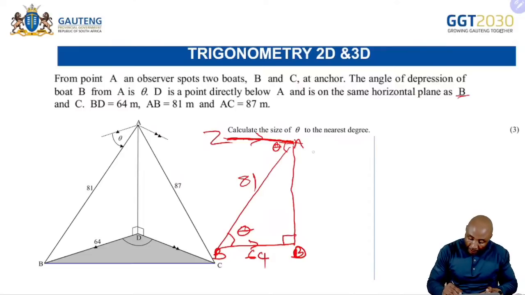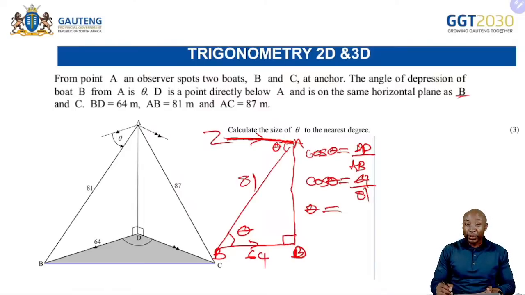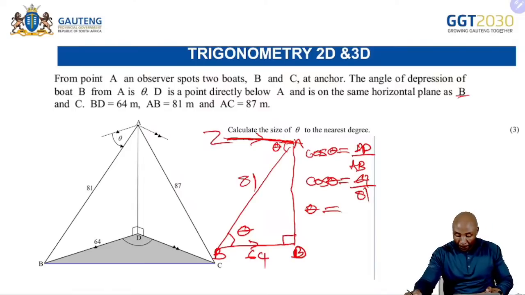So cos theta, because this angle is equal to that, is equal to my adjacent, which is BD, over the hypotenuse, which is AB. Then I substitute: cos theta is equal to 64 over 81. Using your calculator, you get your theta angle there.